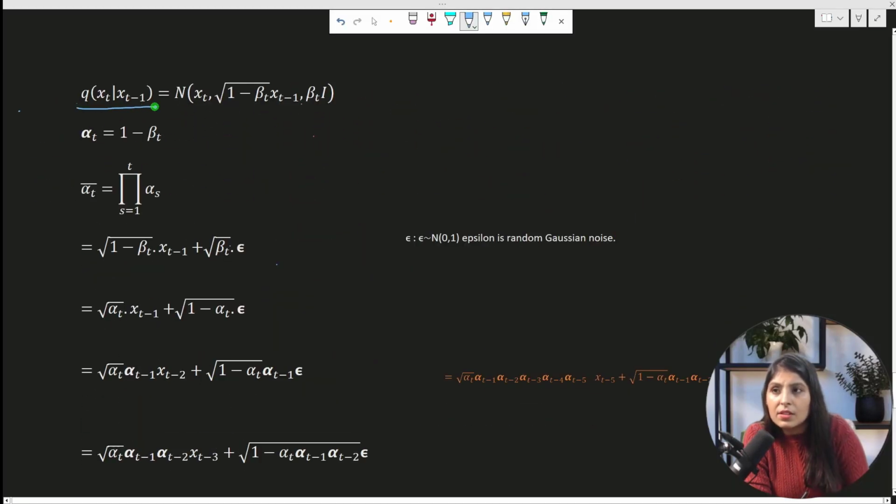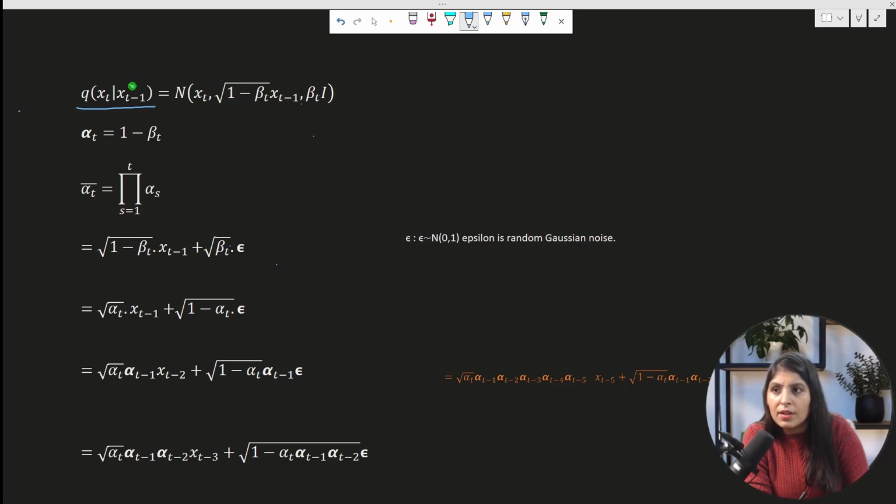So this part we have discussed. This is a function of the forward diffusion process. We will give this image to the model, the less noisy image, and it will give you the more noisy image. And this part we have also discussed. We are adding noise to the image of the previous time step to get the image at the current time step, and for that we are using a normal distribution, and this is the value of mean and variance. On the basis of these values, we are going to get this value.